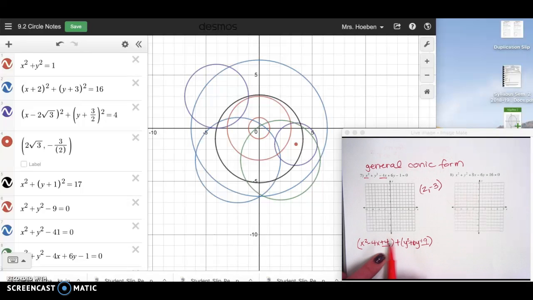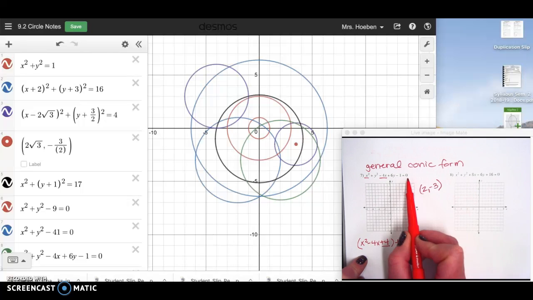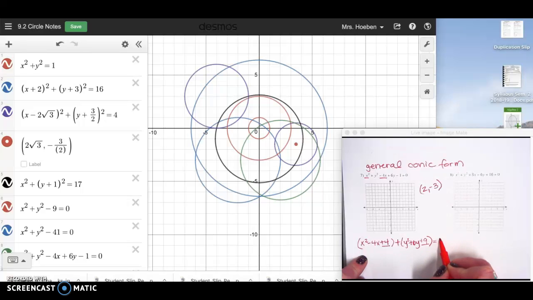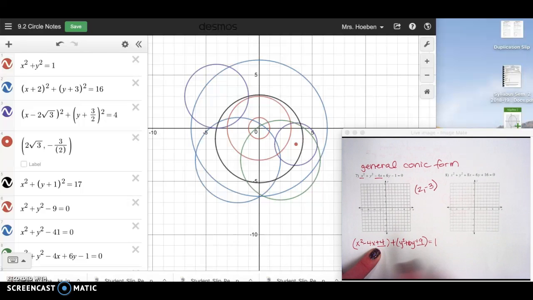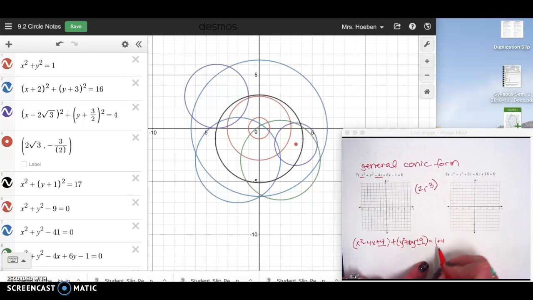So we have this perfect square trinomial here, perfect square trinomial here. This -1, we're going to add it and move it to the other side, so it's a 1. Now, because we also added a 4 here, we have to add a 4 here. And because we added a 9 here, we have to add a 9 here as well. So that's going to get us our radius, okay?